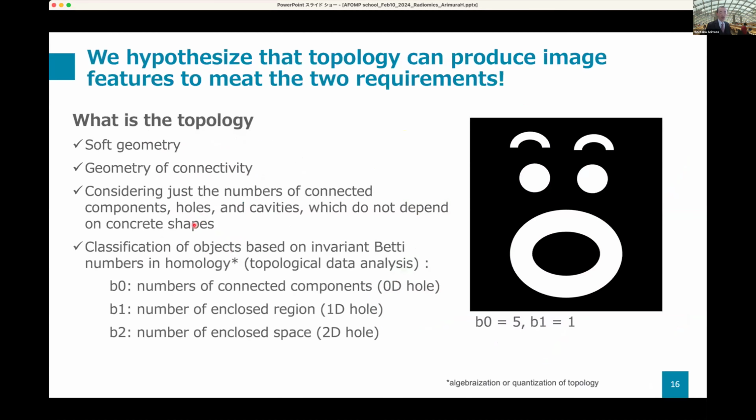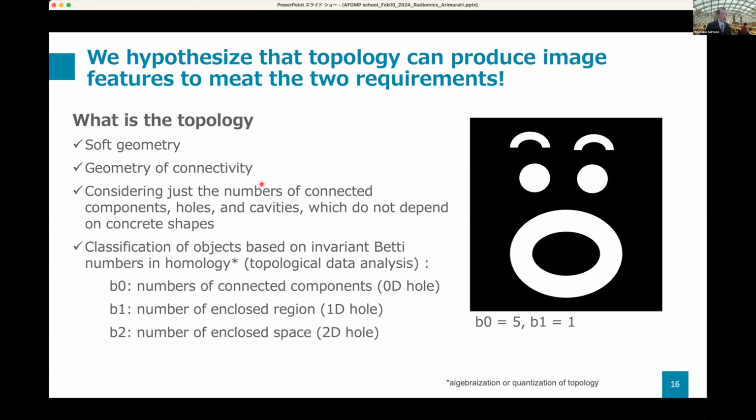So we hypothesize topology can produce image features to meet the two requirements. So what is topology? Topology is so-called soft geometry, or geometry of connectivity.